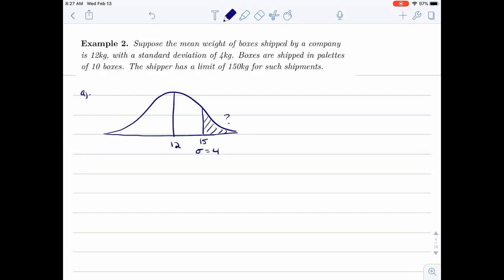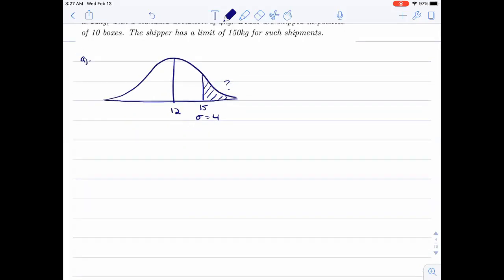As long as we keep in mind that we're talking about a mean observation, the drawing looks the same, right? The mean is still centered on the mean, right, 12, and the standard deviation is 4, but because we're talking about a mean observation, we have to use our standard error, sigma over root n.